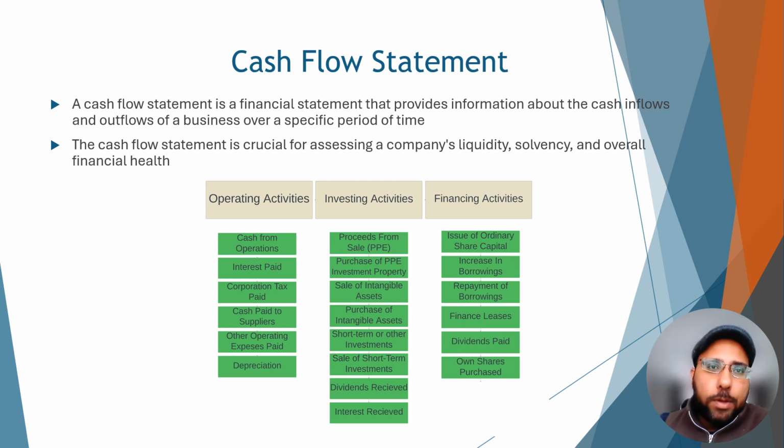And then finally, we will have the financing activities. This section shows how a company raises capital and then returns it to its investors. How are you raising the capital? This includes activities which relate to borrowing money.